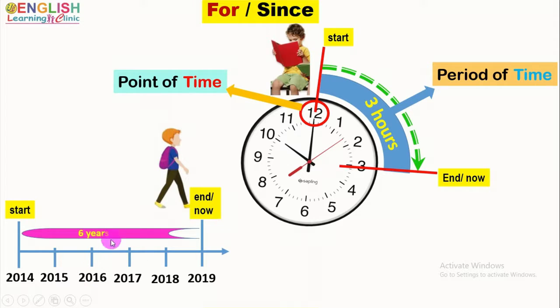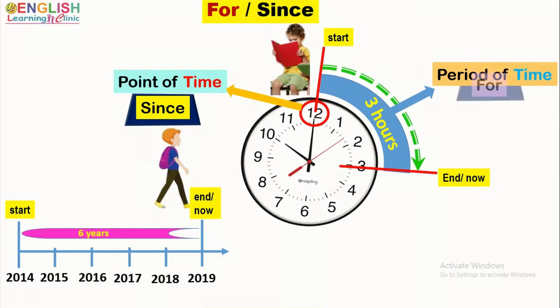So this is period of time. Since is used before point of time and for is used before period of time. Now we will learn which time expression indicates period of time and which indicates point of time.